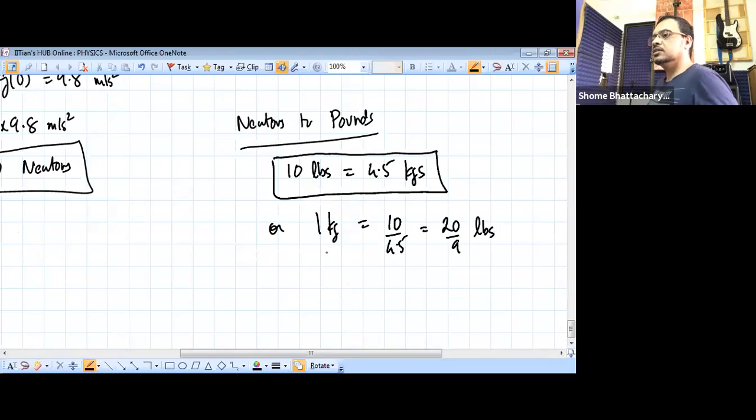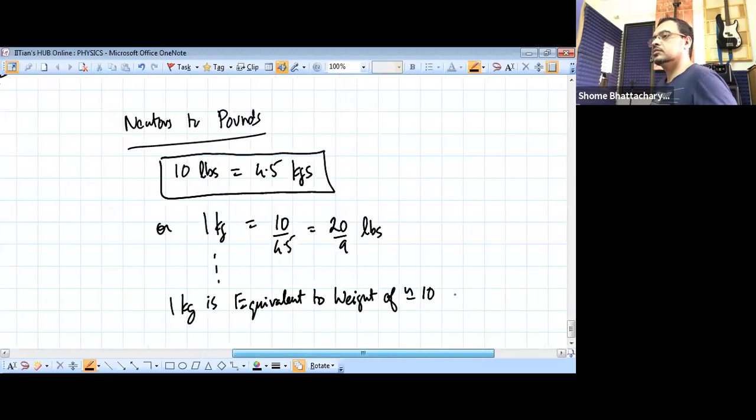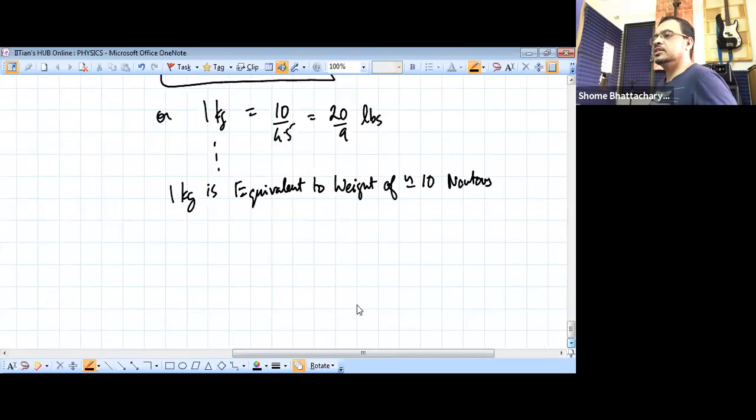Now 1 kg is equivalent to a weight of approximately 10 newtons. So 10 newtons is equivalent to 20 by 9 pounds.